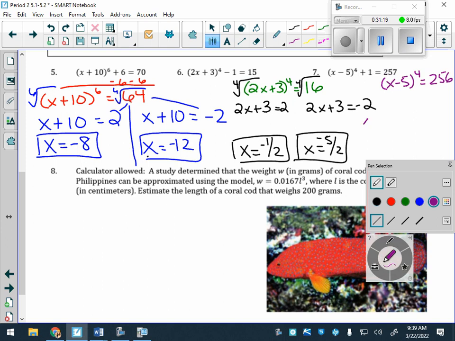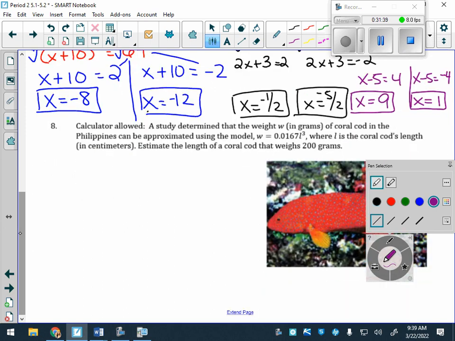So you have x minus 5 equals 4, and x minus 5 equals -4. So we have x equals 9, and x equals 1. How many of you did get both of those? Great. All right, good. So this next part, you will need your calculator.